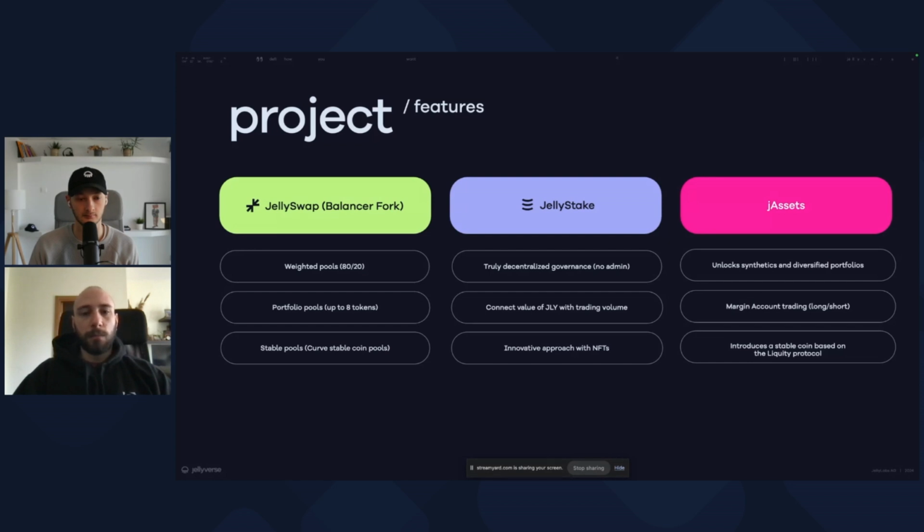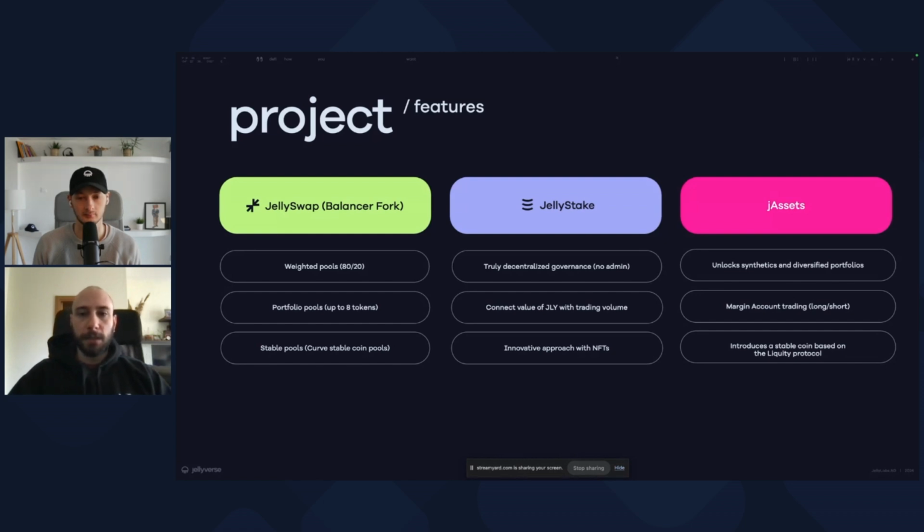That part is supposed to be the main utility hub of Jellyverse for now, and hopefully with a lot of liquidity and tokens, it would be very useful for people.